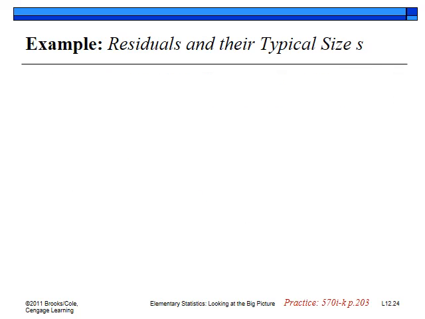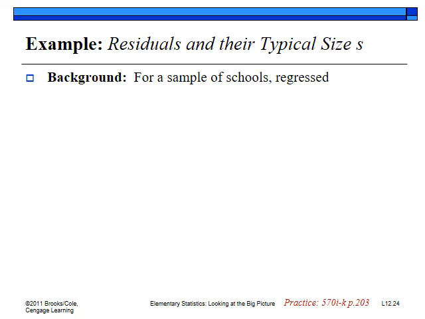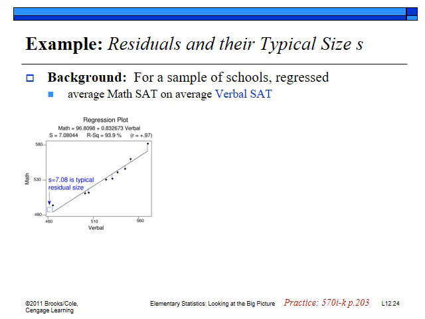Here's another couple of examples. Here our individuals are schools, and in the first plot we have math SAT average on the y-axis, so it's the response variable, and average verbal SAT score on the x-axis, so it's explanatory.